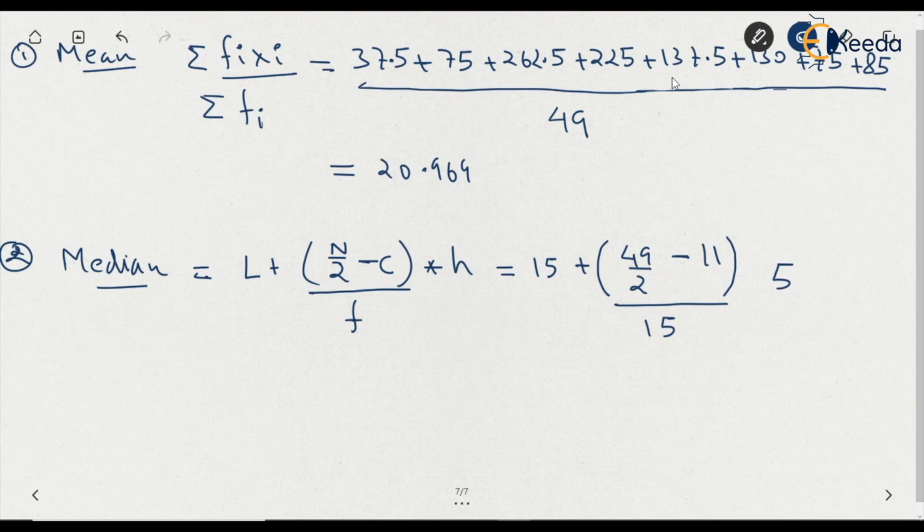Width is, for any interval, you'll just subtract the lower limit from the higher limit, like 5 to 10, so 10 minus 5 will be 5. So 15 plus, and this final value will be 19.5. Of course, we can calculate this.